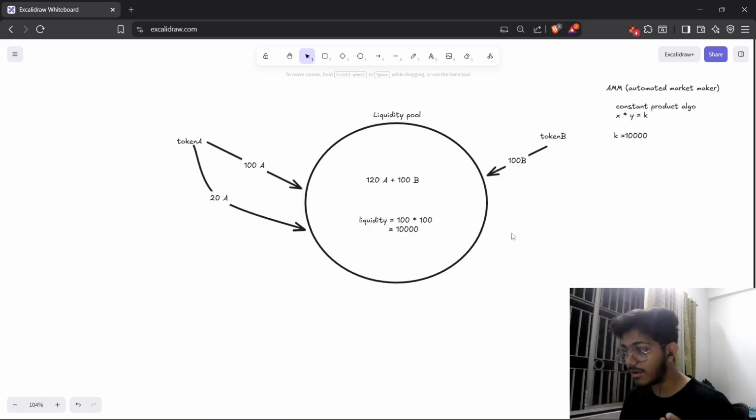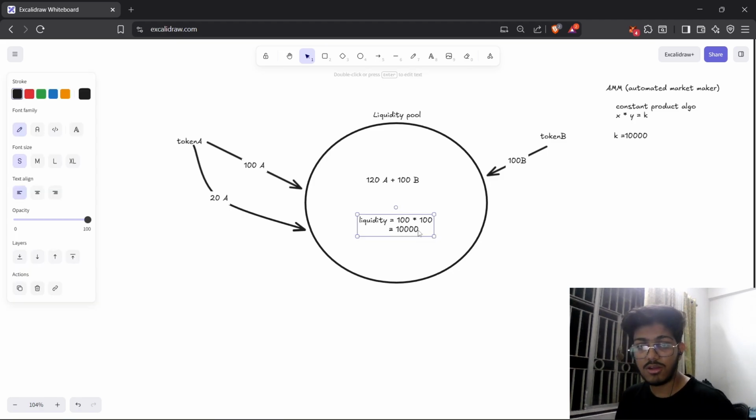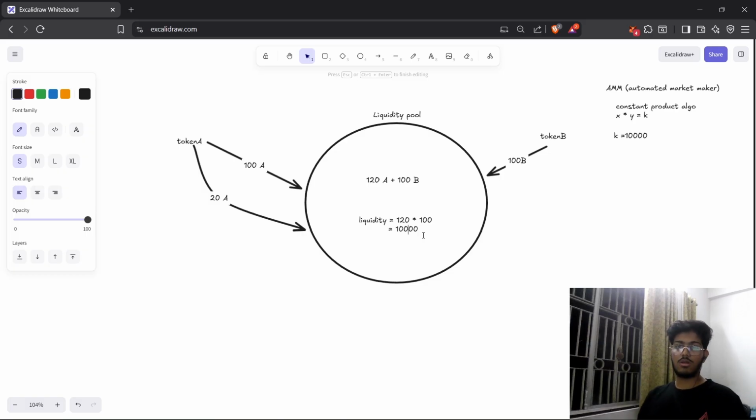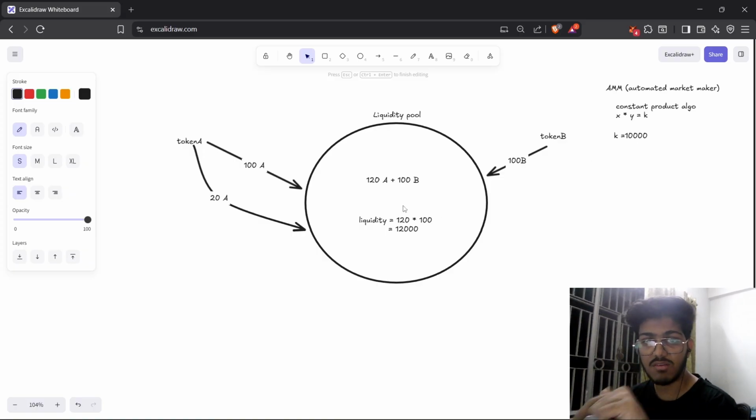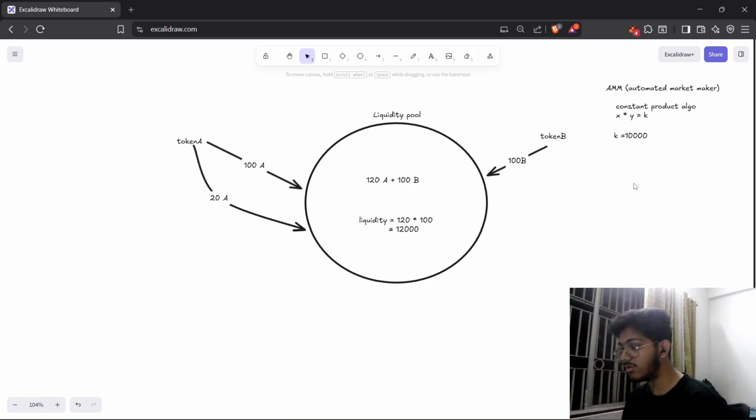Now he'll get back some amount, we'll come to it later, but if we calculate the liquidity now, it becomes 120 times 100, so it becomes 12,000, which is not equal to 10,000. So we'll have to balance it. We'll have to give him some amount of token, which can be calculated by a formula.